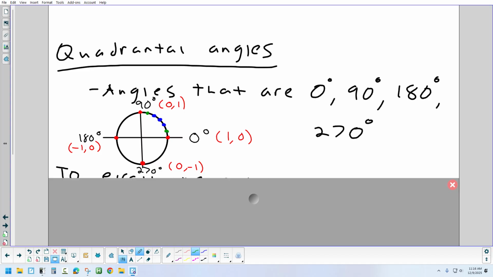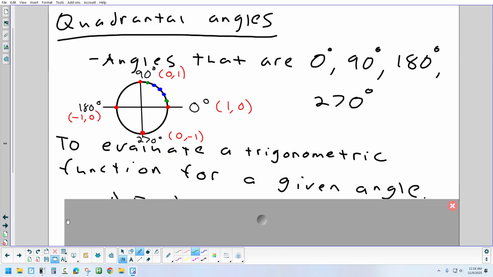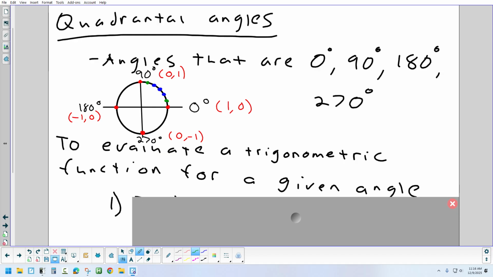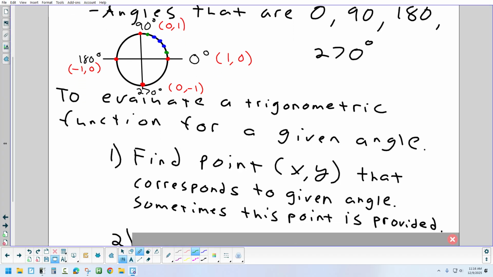Okay. So how do we do unit circle trig? So the goal of unit circle trig, we're trying to figure out the sine, the cosine, the tangent, secant, cosecant, and the cotangent. Step one, you have to have a coordinate that represents your angle.